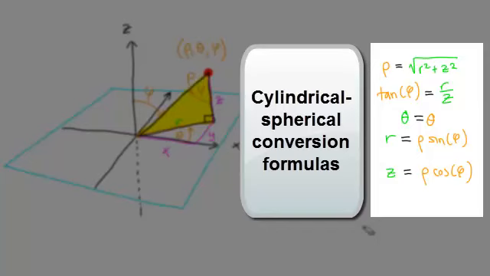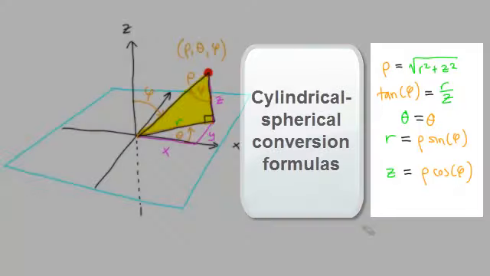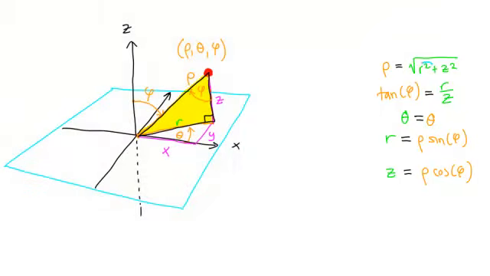So these are cylindrical to spherical conversion formulas. If we further remember that r squared is itself x squared plus y squared from the polar to rectangular conversions, we can also write this first equation as rho equals the square root of x squared plus y squared plus z squared.